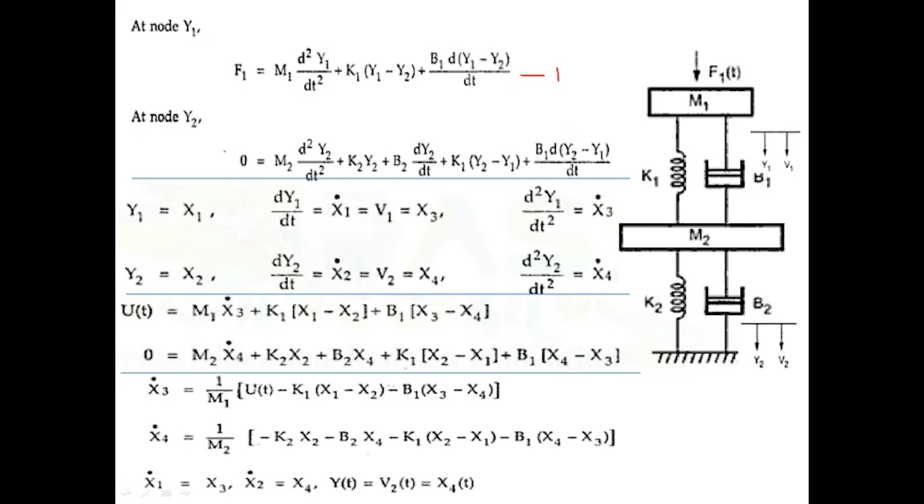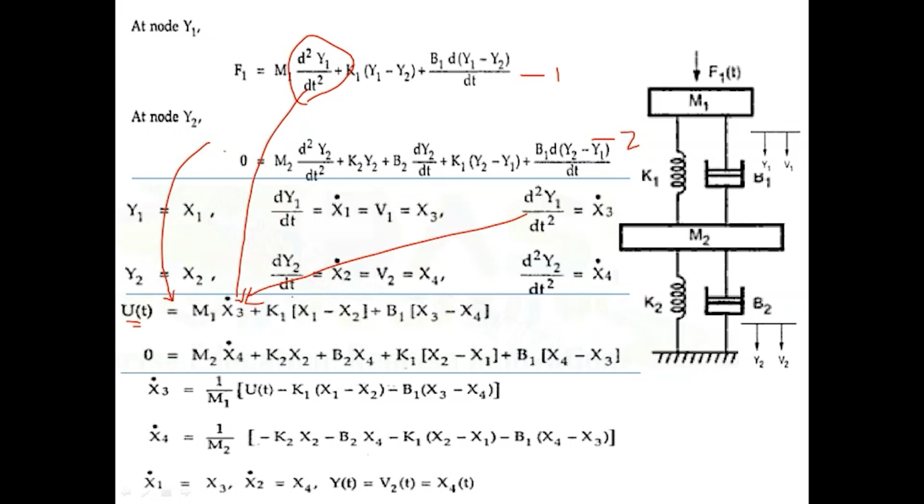This is expression number 1. This is expression number 2. From expression number 1 and expression number 2, these physical variables, displacement and velocity, are replaced in the form of state space notations. Force is replaced as u of t, and d square y1 divided by dt square is replaced by x3 dot. You can compare.